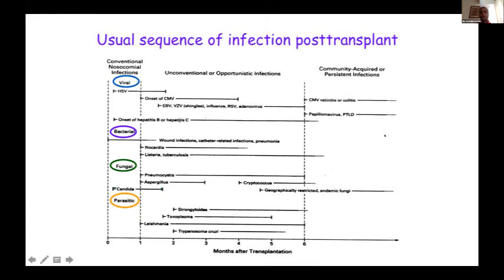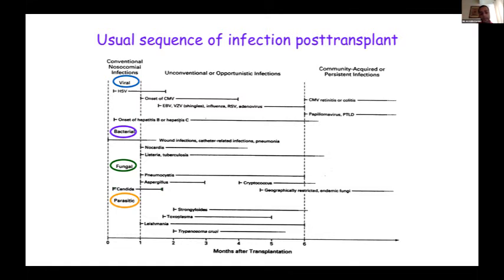This is the usual sequence of infections post-transplant. We'll focus on the fungal infections because this is what the talk is about. Candida infections can occur within a few weeks post-transplantation, within 2 to 6 weeks, because that is when your immunosuppression is the highest. You can get Aspergillus 1 month after the transplantation.